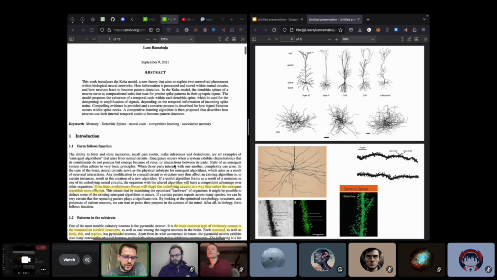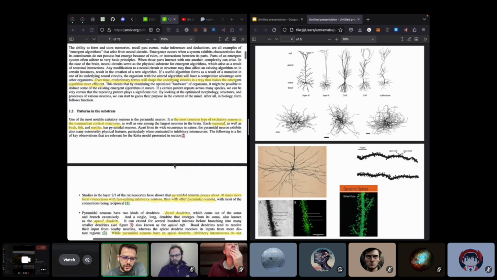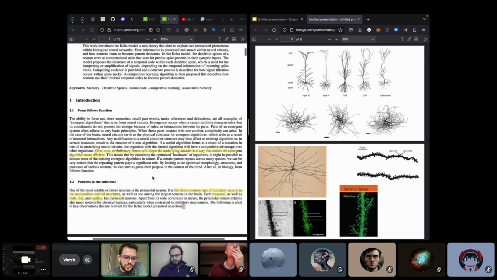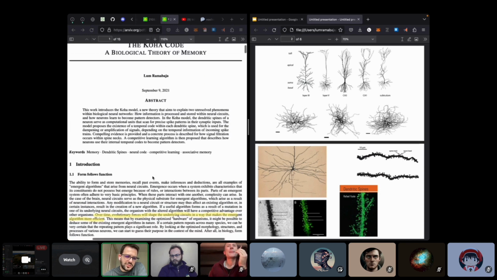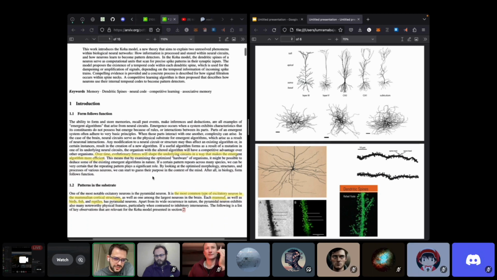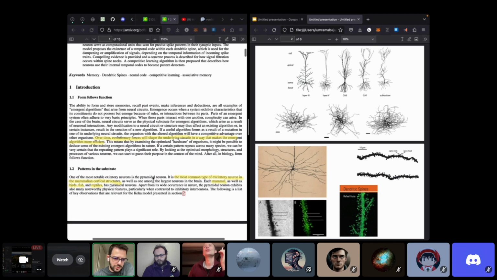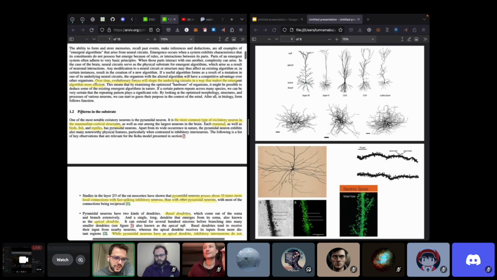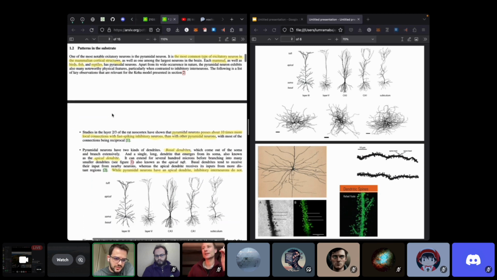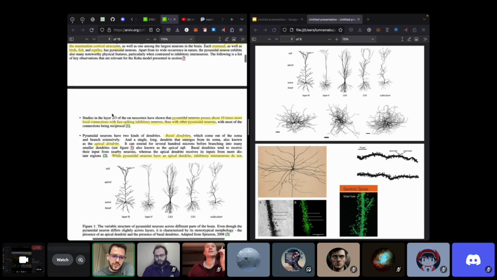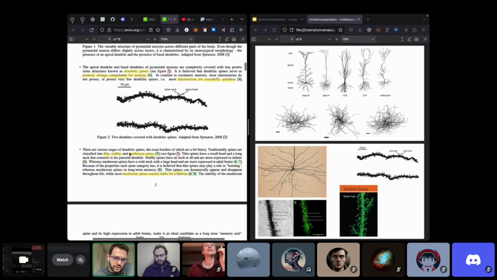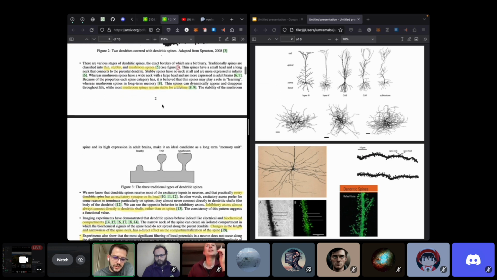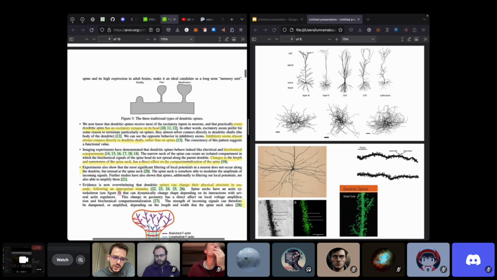One thing I would highly recommend, if you do not really care about the paper, it's not really written in a papery way. It could have been a blog post, honestly, but the patterns in the substrates subsection, that's actually the relevant part of the paper, because here all the highlighted parts cover very interesting experiments and citations.